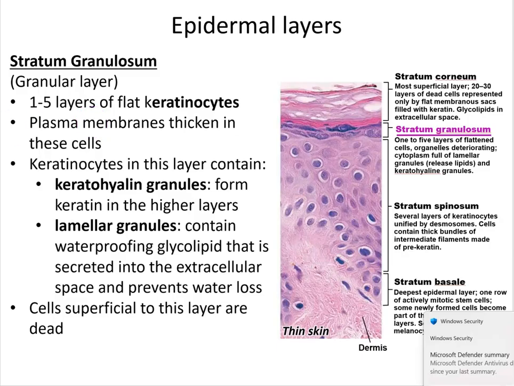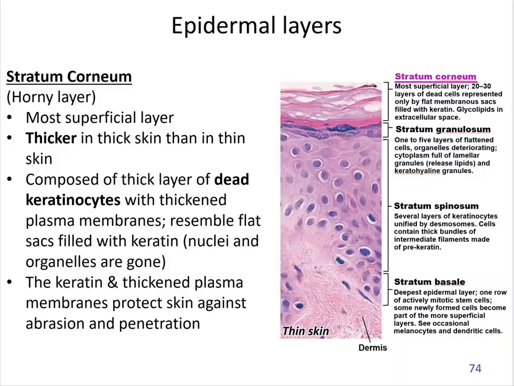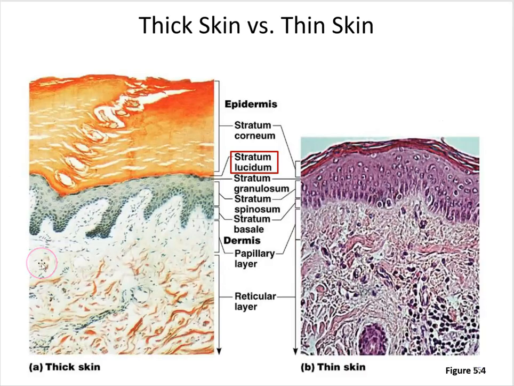So, epidermal layers. And I mentioned thick skin and thin skin. One of the differences would be stratum lucidum would only appear in thick skin. There are a lot of other differences that come about because thin skin has hair and thick skin doesn't. So a lot of the accessory structures you'll learn about are associated with hair follicles.